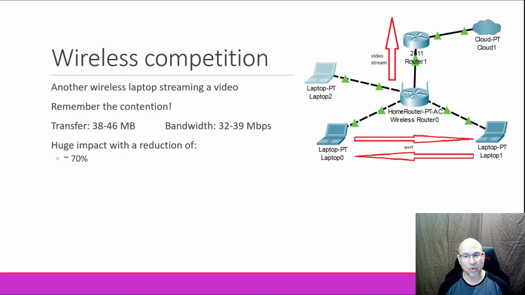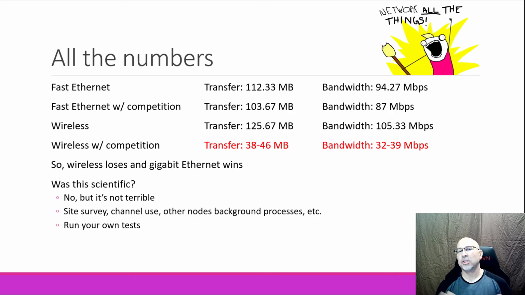It's doing video, which is heavy duty, and iperf is heavy duty too. So the access point is being slammed. And so there are a lot of factors that can affect the performance of this. But 3 nodes on the network together, and we have a 70% reduction in throughput and bandwidth. Ouch.